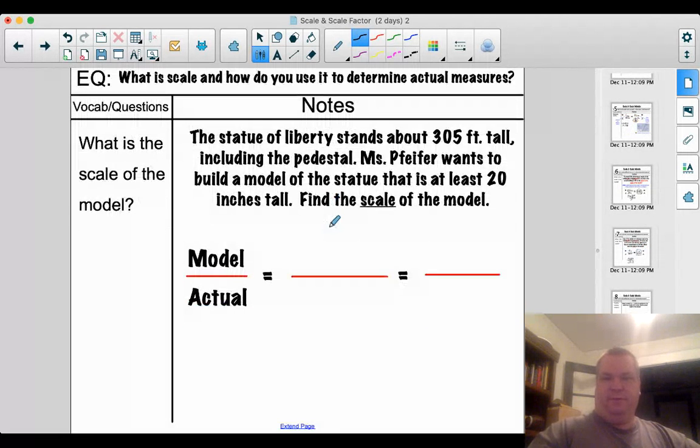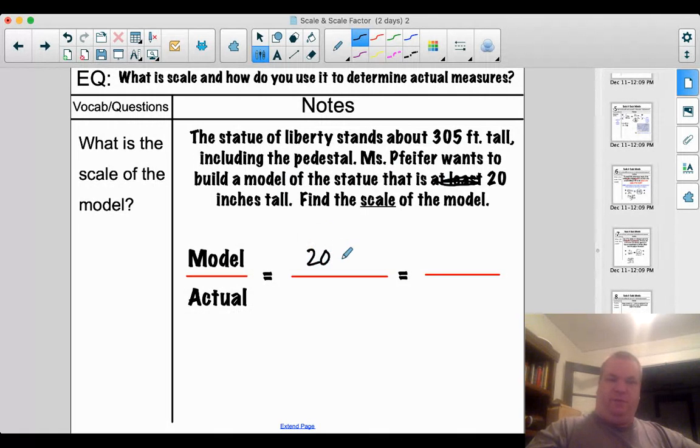All right. So another one. So the Statue of Liberty stands about 305 feet tall, including the pedestal. Ms. Pfeiffer wants to build a model statue that is 20 inches tall. Find the scale of the model. Okay, so we set this up. We know that the model is going to be 20 inches.